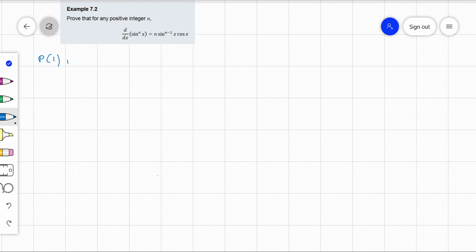So P of 1 is true since, if I look at the left-hand side, I've got d/dx of sine x, which we know is cos x. So that's all fine.